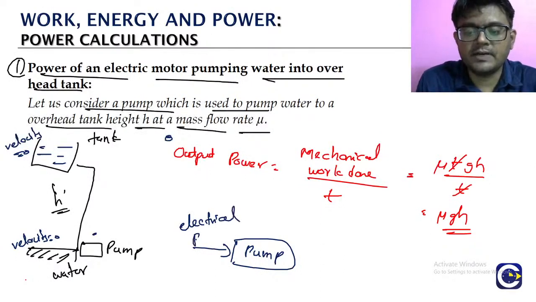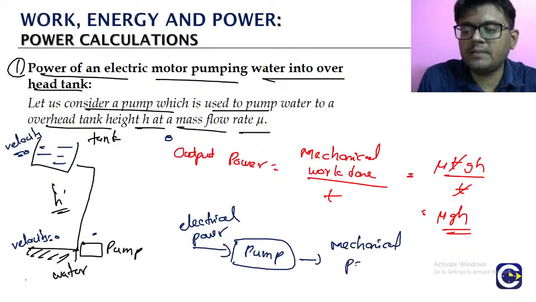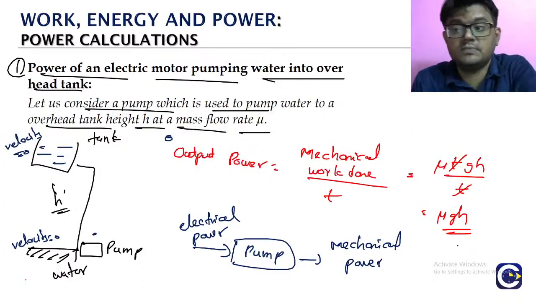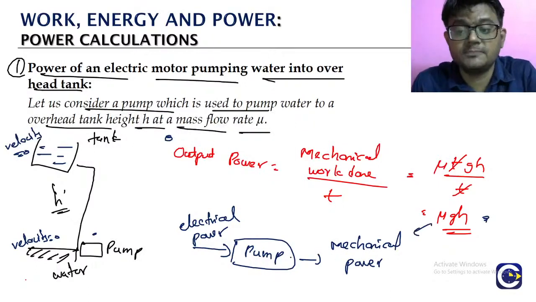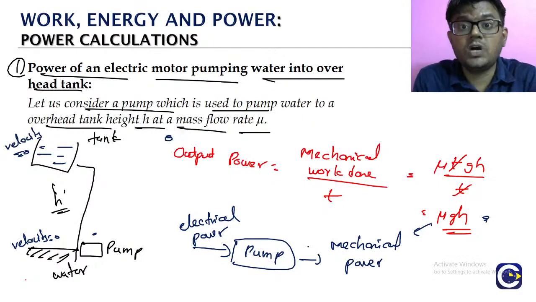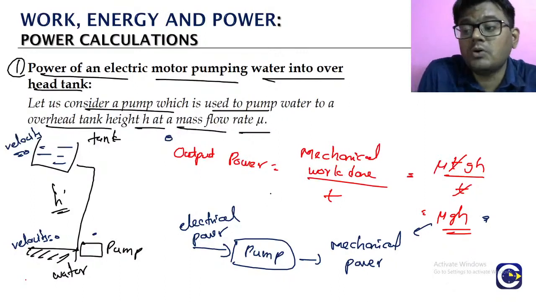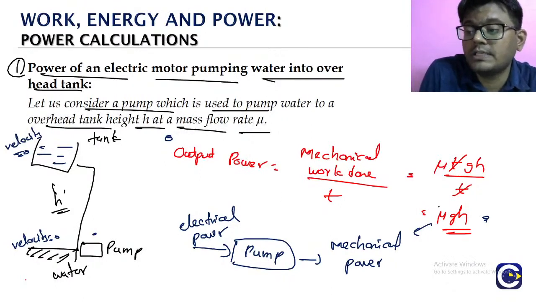The electrical power. What is the output? The mechanical power that we are able to see. That is our mu g h. If it is not 100% efficiency, what would generally be observed is output power will be less than the input power. So maybe you can just note this one.